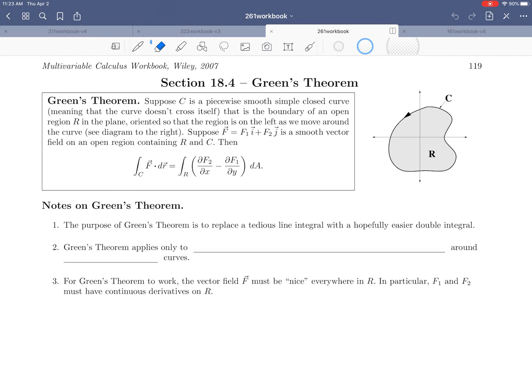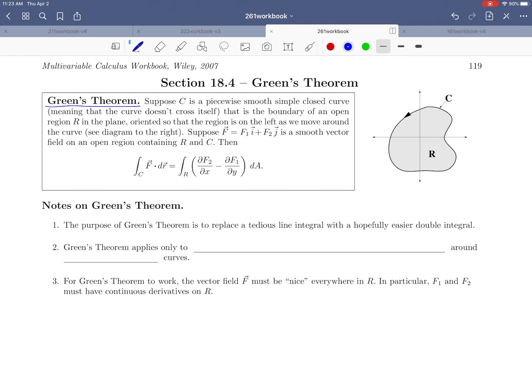So Green's theorem says, suppose C is a piecewise smooth, simple closed curve that is a boundary of an open region R in the plane, oriented so that the region is on the left as we move around the curve.